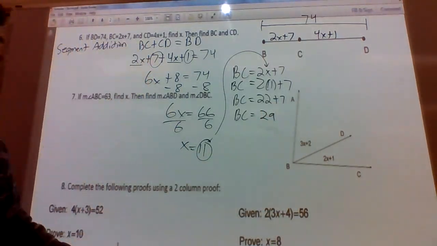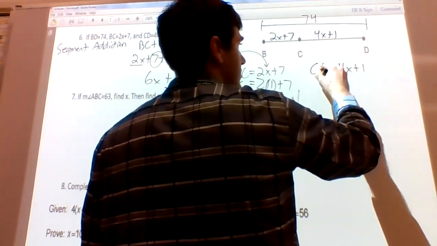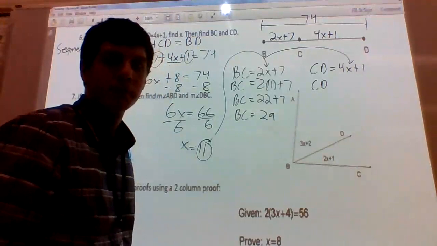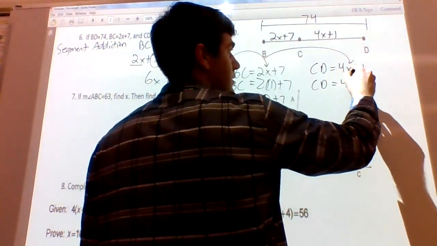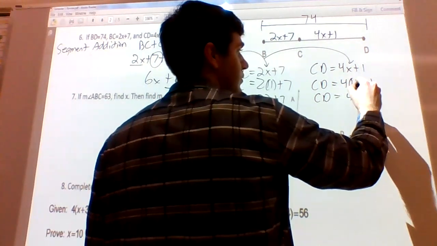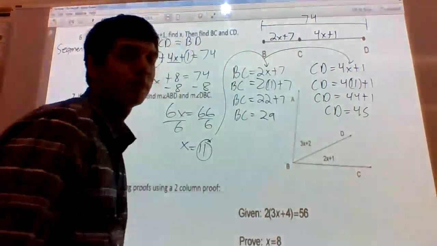We also need to find CD. CD is 4x plus 1. We can also substitute our 11 in for x here. 4 times 11 plus 1. So CD is going to be 44 plus 1. CD is going to equal 45.